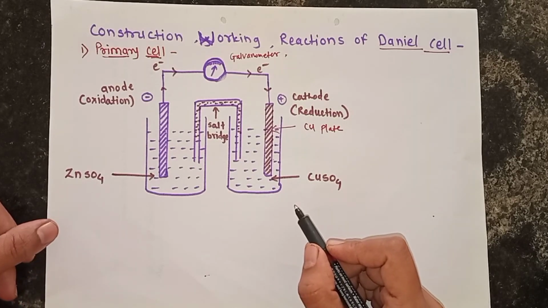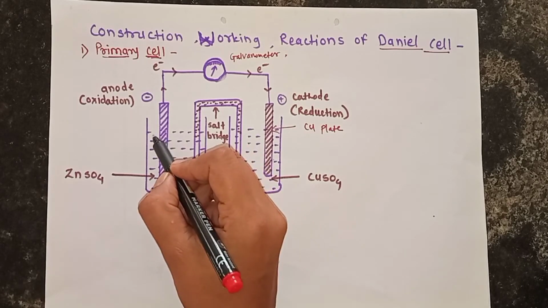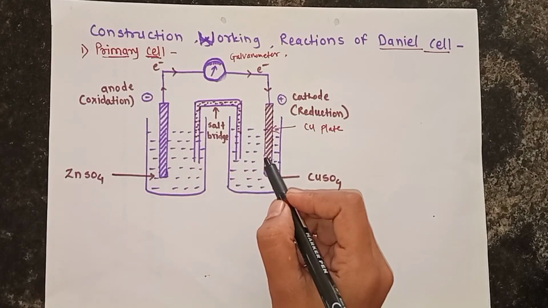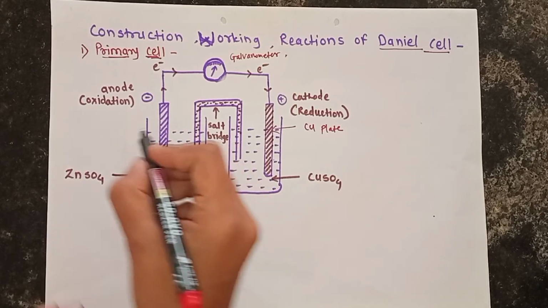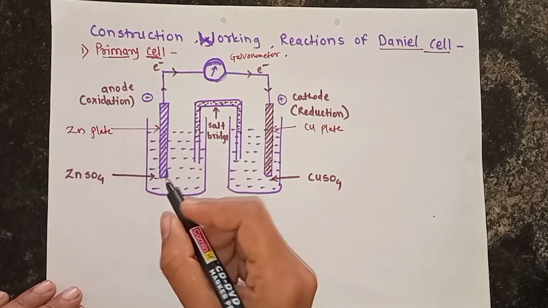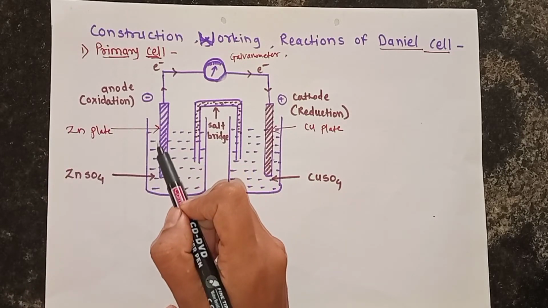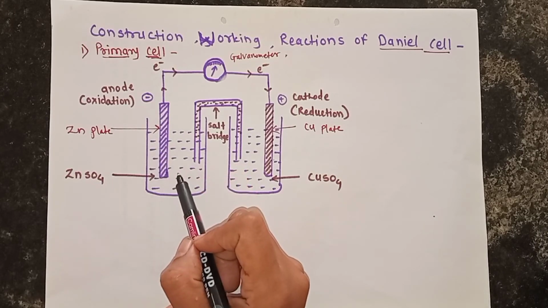Let's discuss the working of the Daniell cell. There are two plates. One plate, the zinc plate, acts as the anode, and zinc has more tendency to go into the solution.